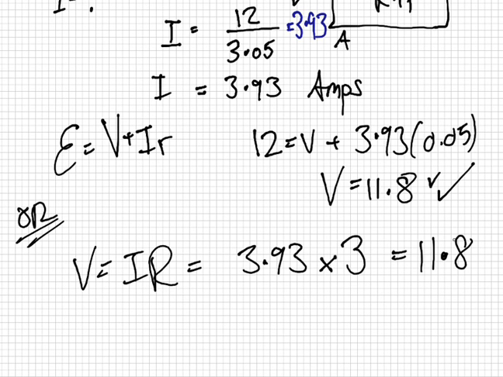That should not surprise you because those two formulas, I got them from Ohm's law, the proof. It's because V is capital IR. So there's nothing really too surprising, I guess.